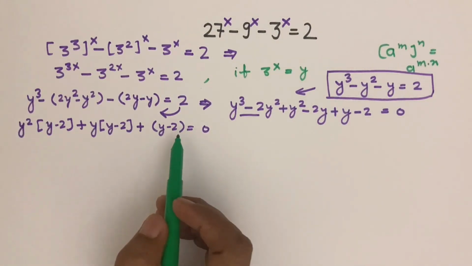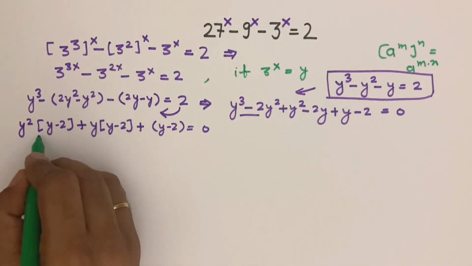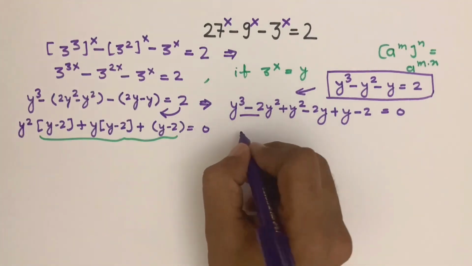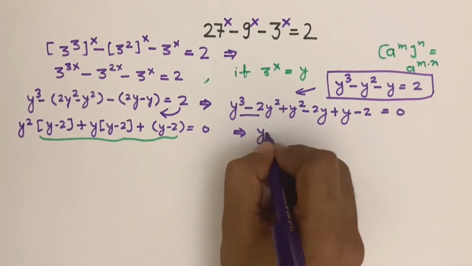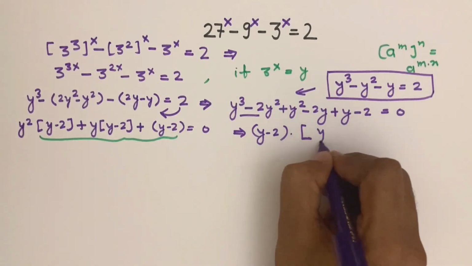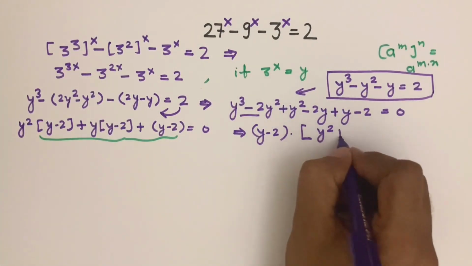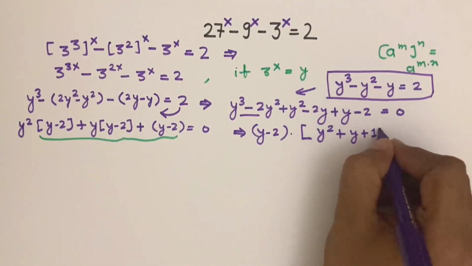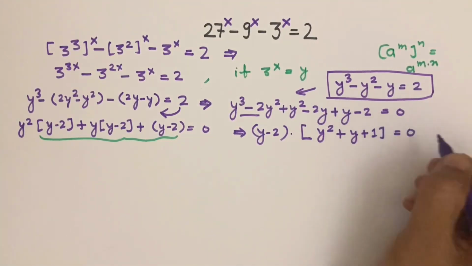Now as you can see, y minus 2 is common in all three terms, so take y minus 2 as common, so this simplifies to y minus 2 multiplied by bracket y square plus y plus 1 equals 0.